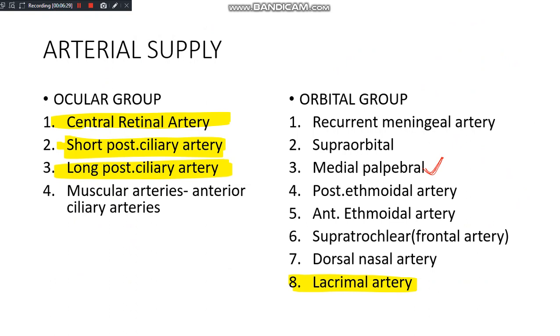Let us quickly recall what did we learn. Firstly, the ocular group. We learned about the central retinal artery which was piercing the optic nerve. Yes, and it was supplying the retina at the optic disc. Then we learnt about the short and the long posterior ciliary arteries. The short posterior ciliary arteries were supplying the posterior part of choroid up to equator.